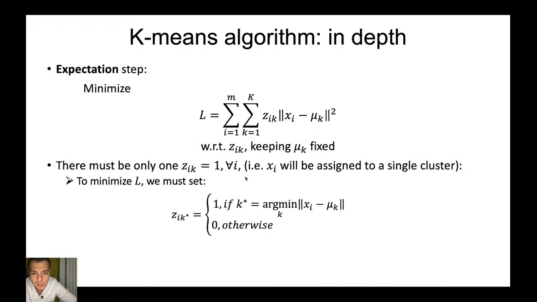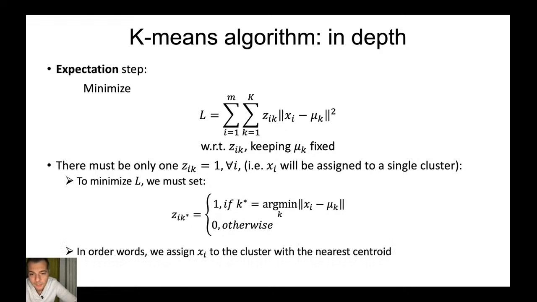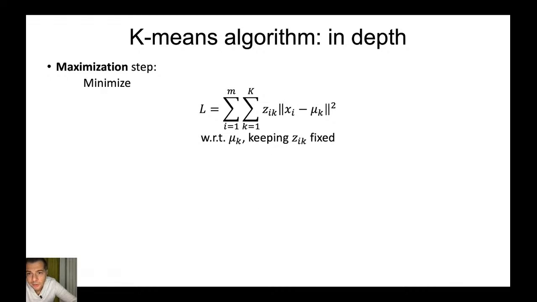So in the end, we need to assign the example xi to the closest centroid. So this ensures that we optimize this objective. The only way to minimize it, or the best way to optimize it, is to assign the example to the nearest cluster centroid. So that is the expectation step.